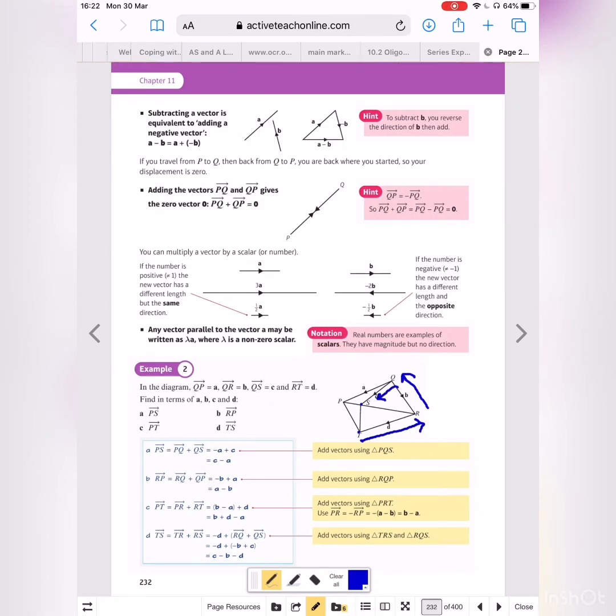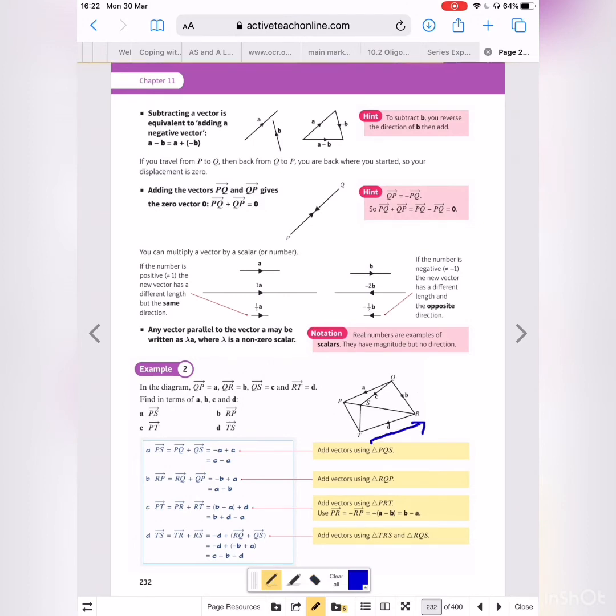Now, I'm not sure if I've already said this, but I'll say it again. It doesn't matter which track you take. If you were to go there, there, there, any which way, you would get the same answer. As long as you start where it's asked you to start and stop where you need to stop, you will get the same answer.